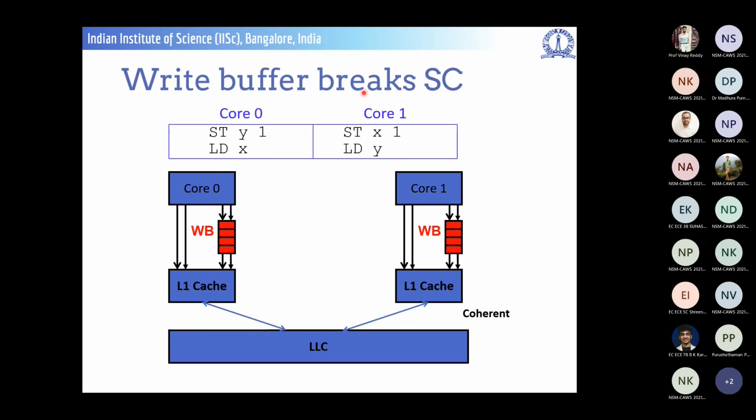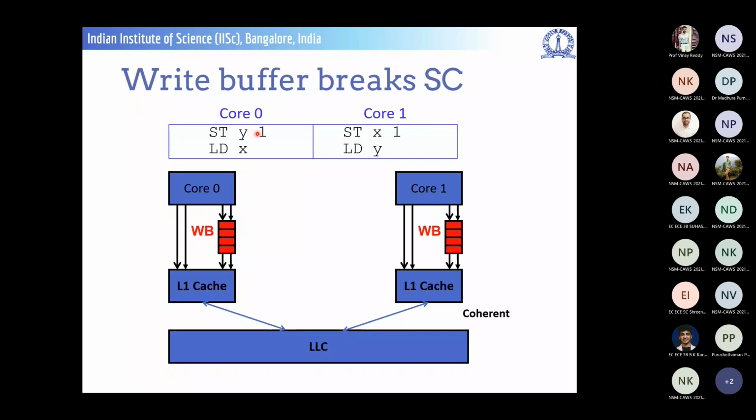We are assuming that the initial value of x and y is 0, and in sequential consistency it should not happen that this multi-threaded program returns 0 0 for the loads to x and y. But the argument will show here that if you have a write buffer, the way we described, this would not be guaranteed anymore.